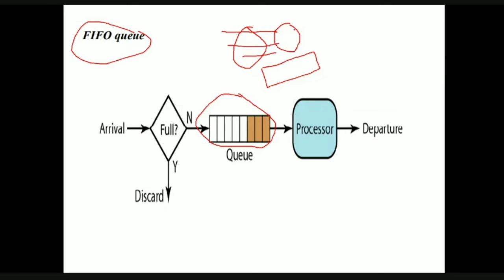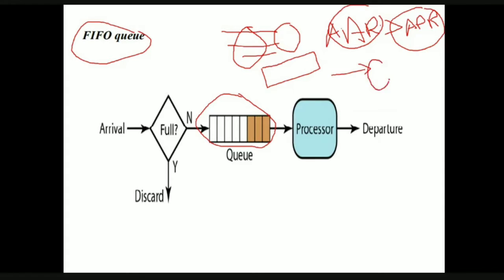If the average arrival rate of these packets is higher than the average processing rate of the router, that is, the processing capability of the router is less than the average arrival rate, then the queue will obviously fill up. So what will be done? Obviously, the new packets coming to be processed by the router will be discarded, isn't it?